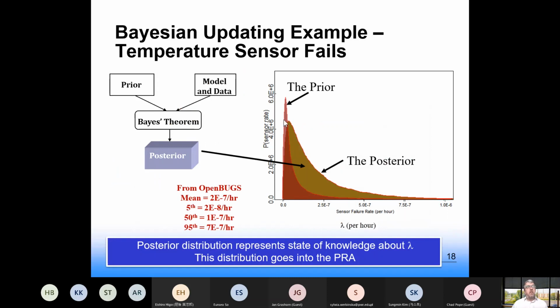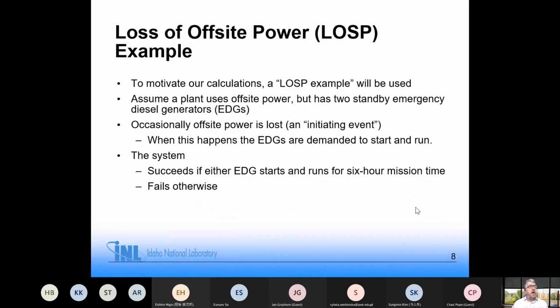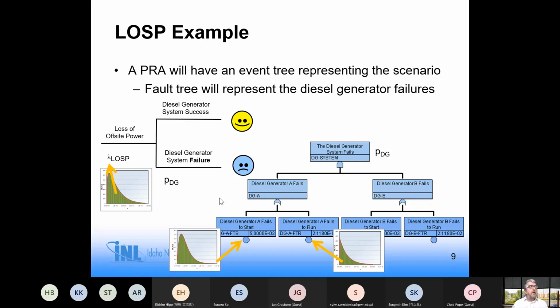We then update that with our model and data to end up with this brown curve. So I've overlaid the two, our starting and ending. But both of these curves represent the same thing. Both of them represent a temperature sensor failing, and specifically the failure rate. How likely is it for my temperature sensor to fail over time? And it's essentially the same thing we're looking for here.